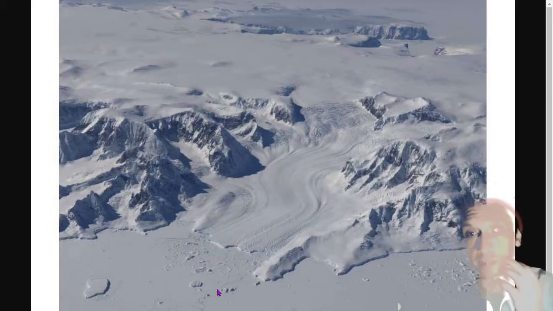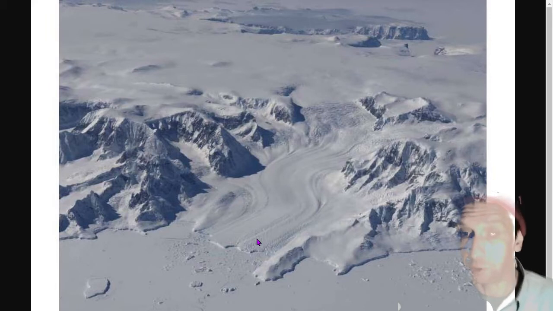You know what causes that, folks? It's caused by lots of snow and ice uphill from the glacier, the weight of which causes the glacier to be pushed into the ocean. It's called a calving event. It's caused by lots of ice.